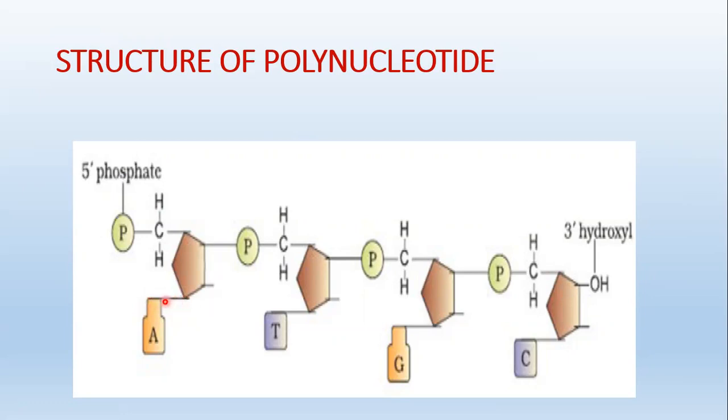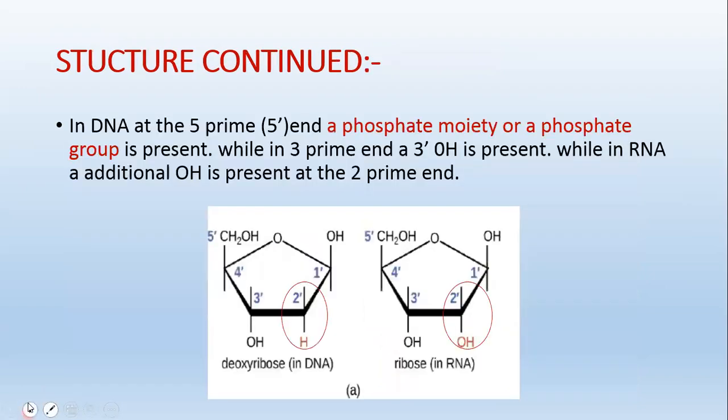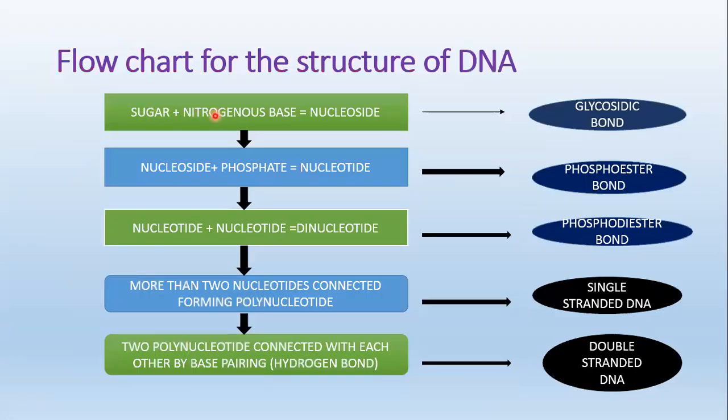And this whole structure, the pentose sugar and nitrogenous base, is called a nucleoside. I have written it here. Sugar plus nitrogenous base, connected by a glycosidic bond, is called a nucleoside.